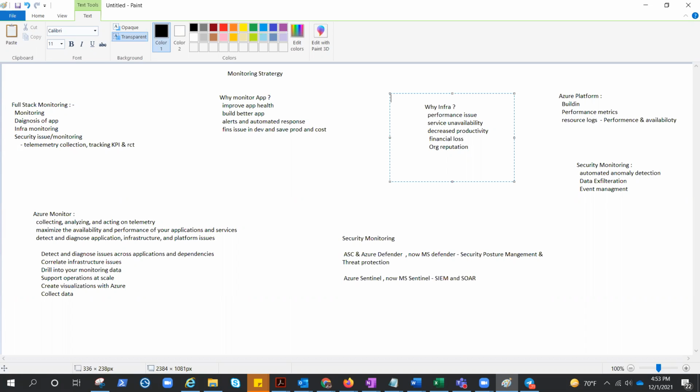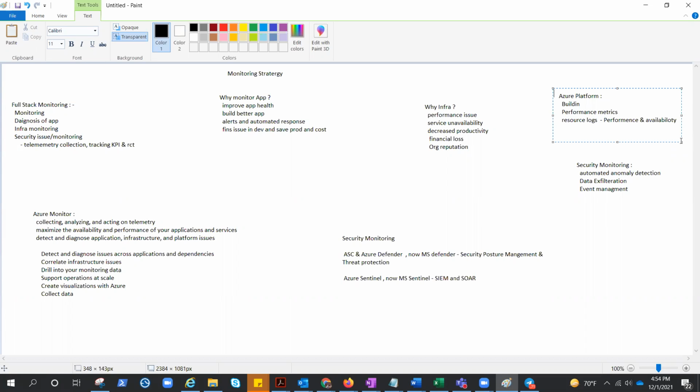So in addition to monitoring your deployed application and infrastructure resources, you should also use Azure's built-in capabilities to monitor your Azure platform resources. Azure resources such as storage accounts, key vaults, PaaS services all have performance metrics and resource logs that can be viewed and analyzed to track performance and availability.